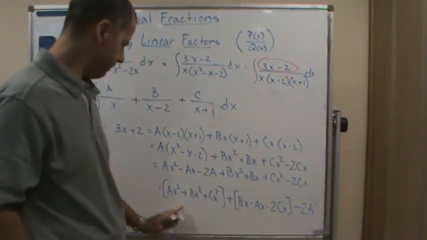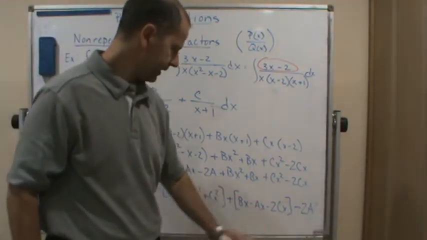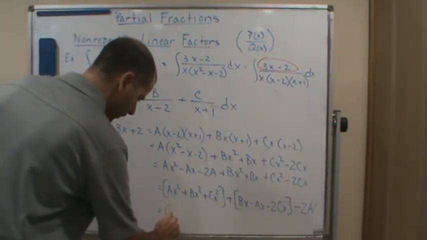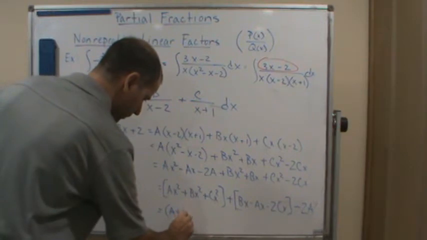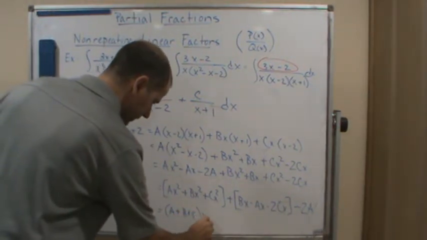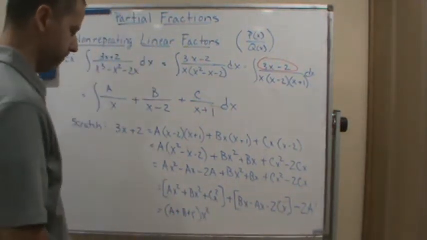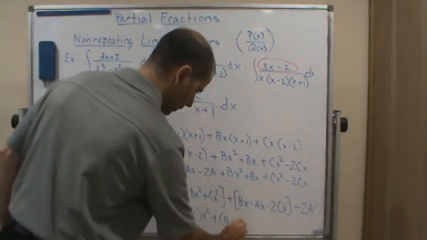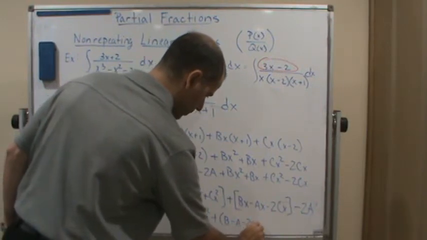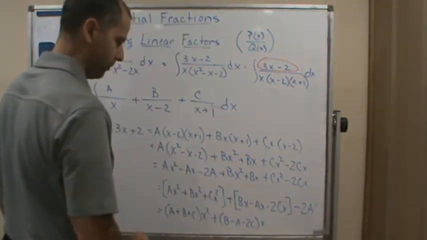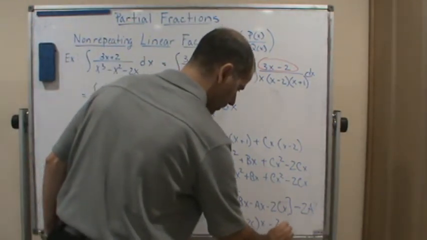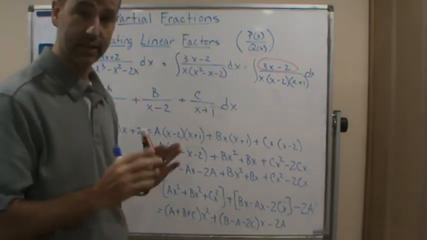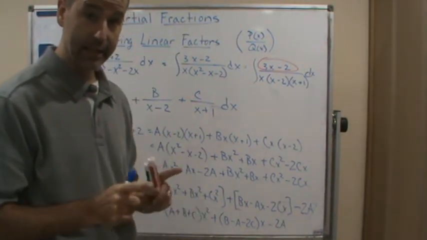So now what I'm going to do, I'm going to factor out the x squares and the x's and group the constants together. So this is going to equal a plus b plus c times x squared plus b minus a minus 2c times x minus 2a. And now what that does is it gives me a system of equations that I can solve.